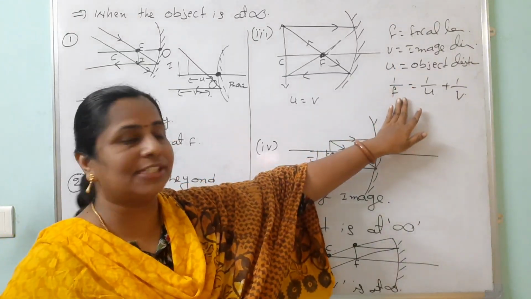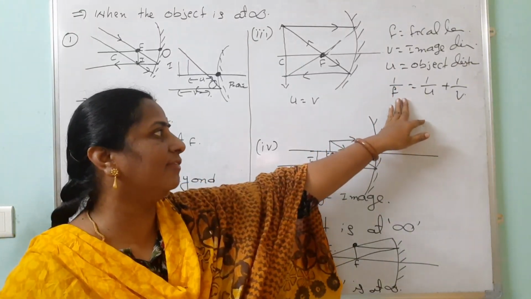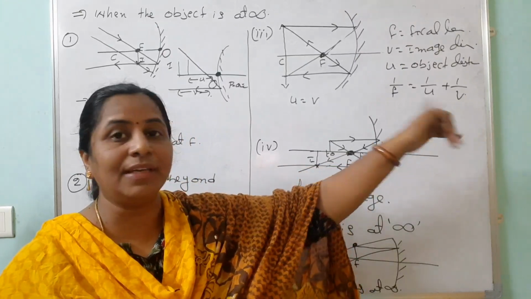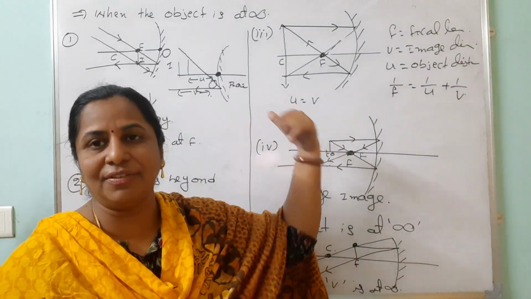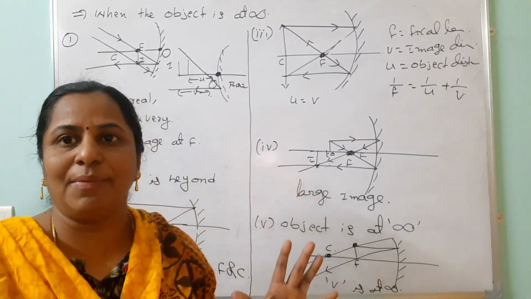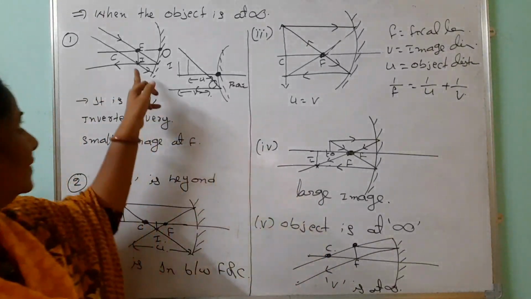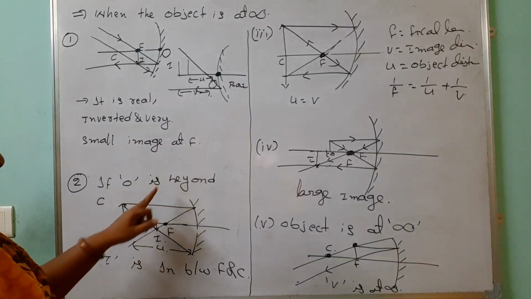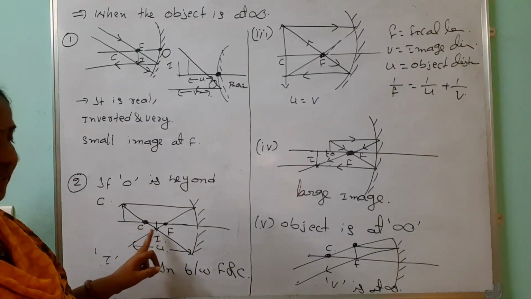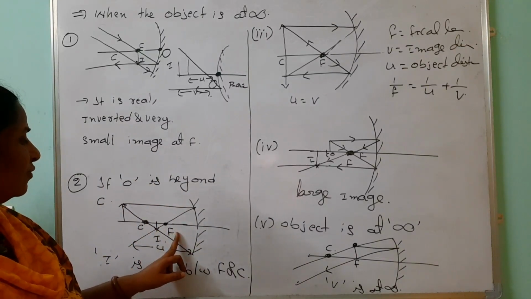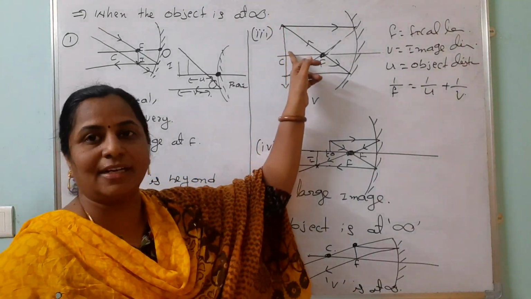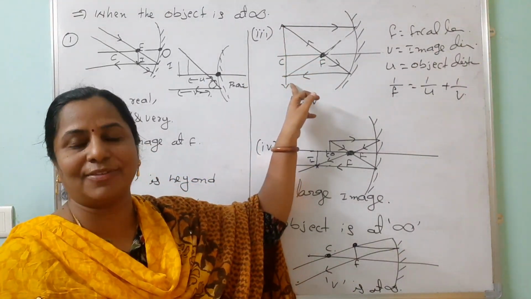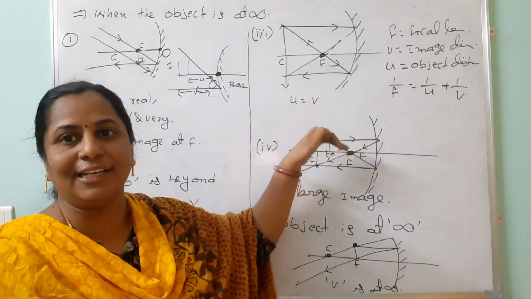The basic of this is the mirror equation, 1 by f equals 1 by u plus 1 by v, and you should study and remember that if the object is at infinity, immediately you can say that the image is formed at the focal length like this. If the object is beyond the center of curvature, then the image is in between the focal point and the center of curvature. If the object is placed at the center of curvature, the image is also at the center of curvature, but it is real and inverted here.